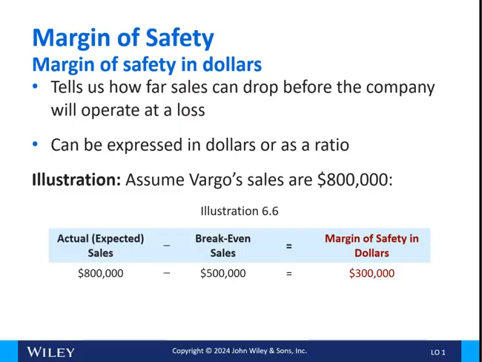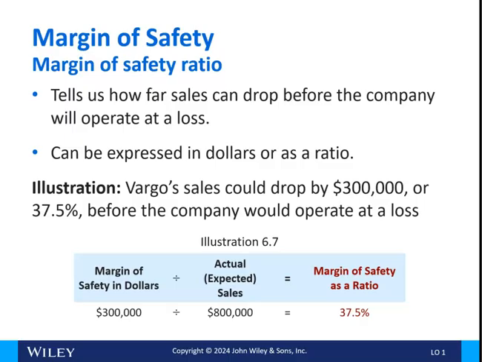That means our margin of safety in dollars is $300,000. So as long as our sales don't drop more than $300,000 starting at our $800,000 of sales level, we will still operate at a profit.